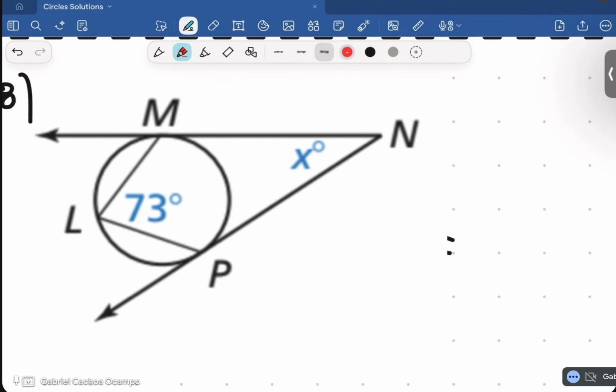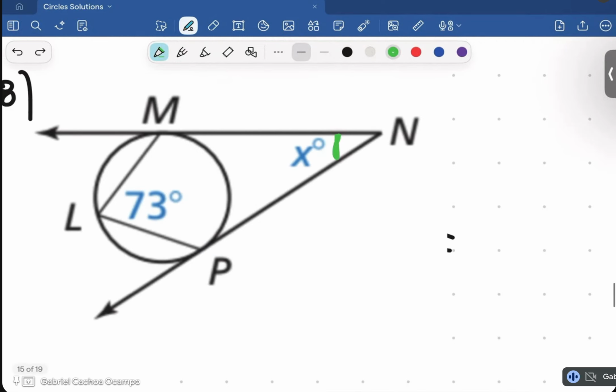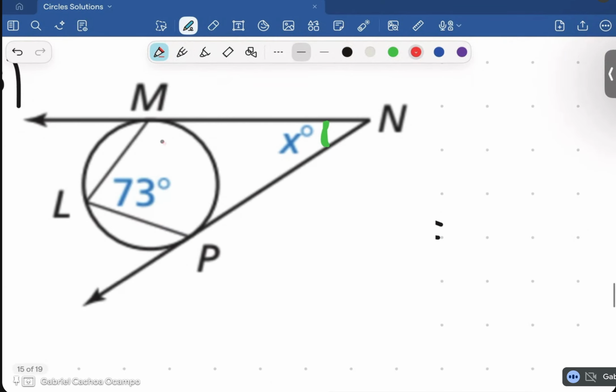O sea, look, I have an angle outside, so I need to use the minus formula, no? But I need to calculate what is the major and the minor arc. It is not immediately given. So, for example, for the minor arc, the small one, I know that it measures twice 73, no? Because it's inscribed in an angle of 73. So this is 146.